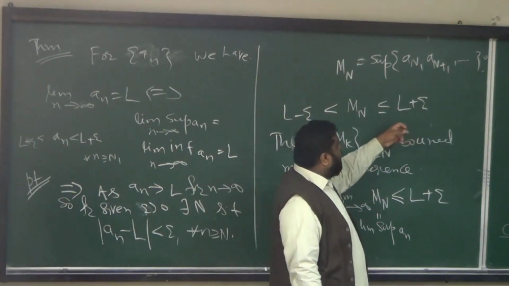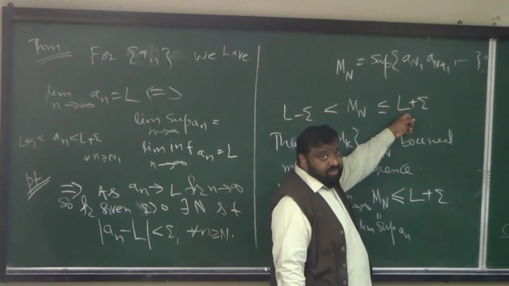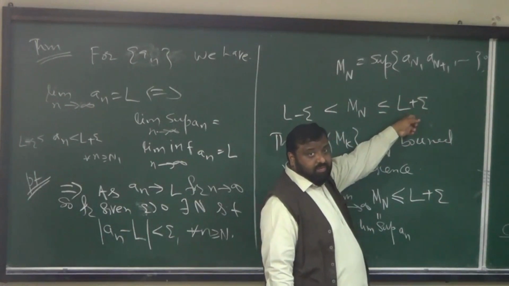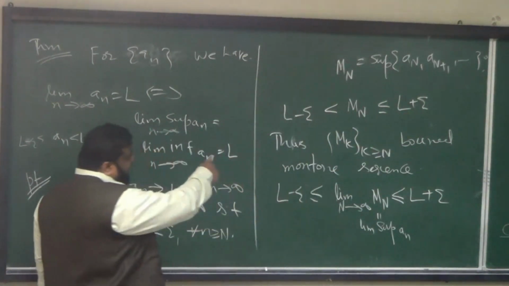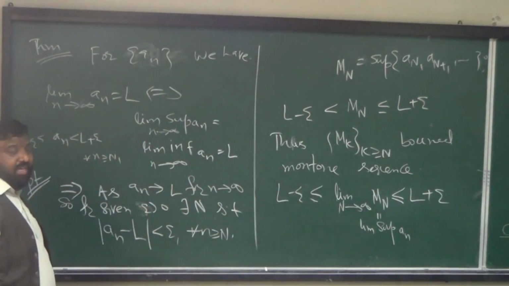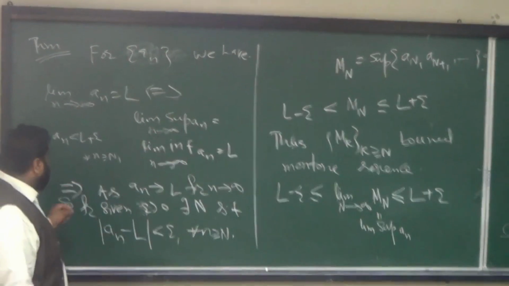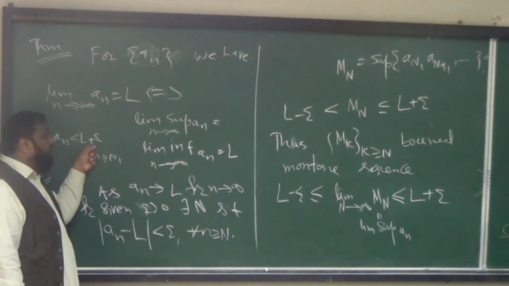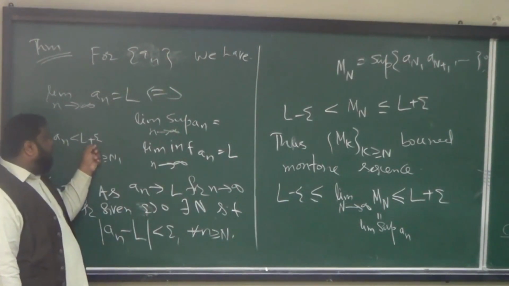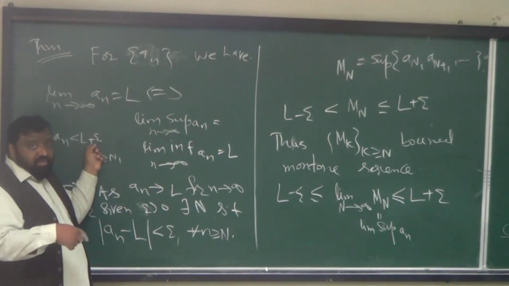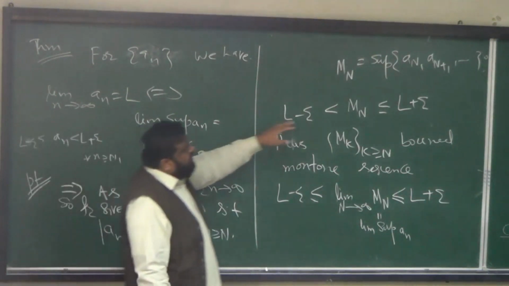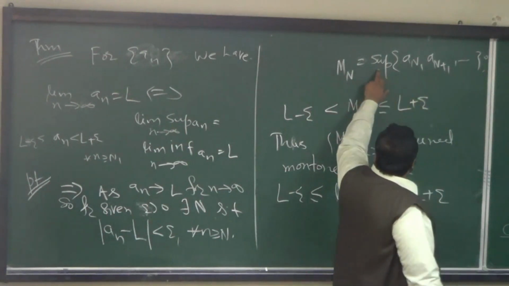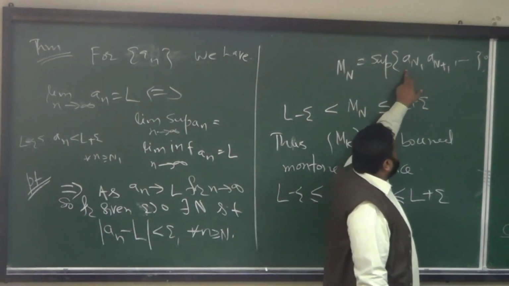Okay. So it could be equal to L plus epsilon, because it is a supremum and this is an upper bound. So why am I saying that Mn should be between L minus epsilon and L plus epsilon? The reason is very simple. I can treat this L plus epsilon as an upper bound for all these numbers, and the supremum is also an upper bound for all these numbers.